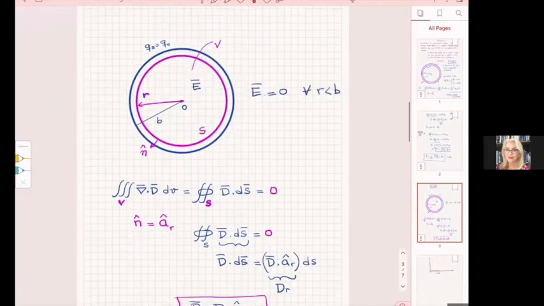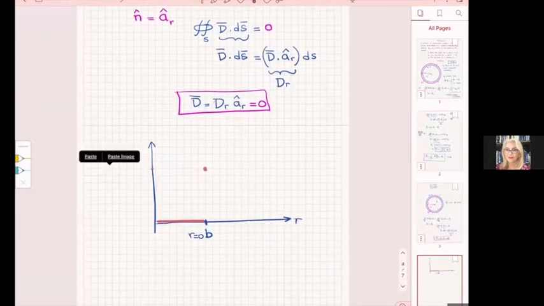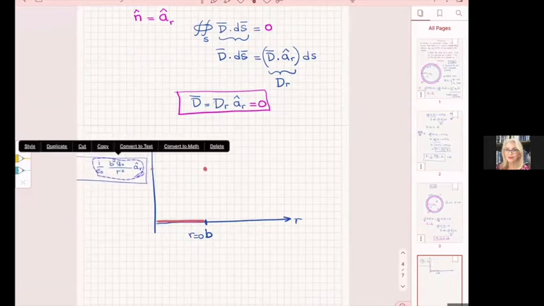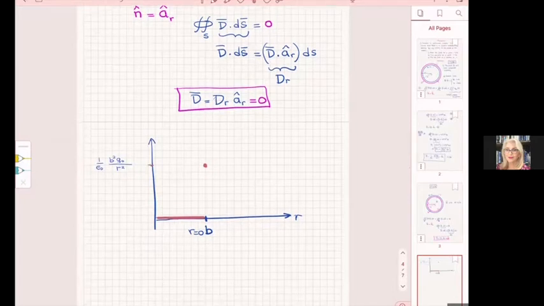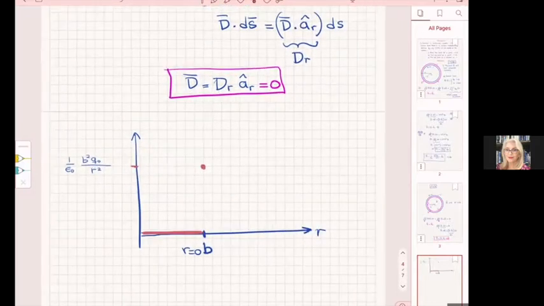Okay, so this point here is this one. And in fact, it's going to be just Q sub S over epsilon naught.